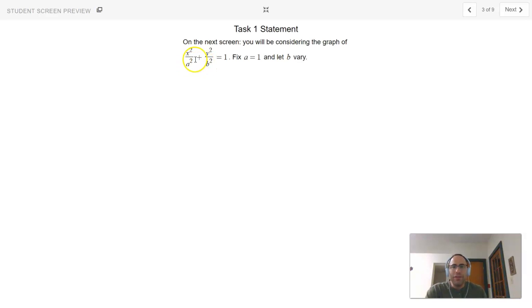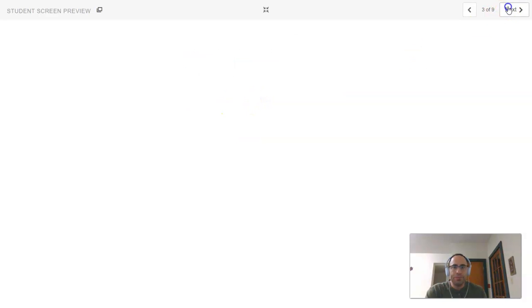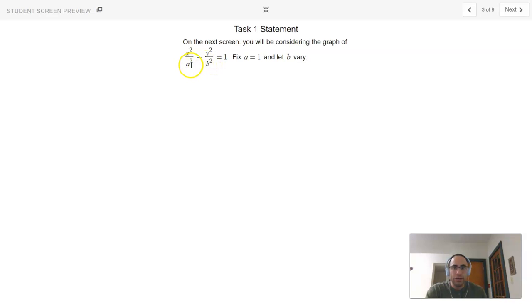So these denominators don't have to be the same. On the previous slide, the denominators both were the same, as you can see. That's not the case here.